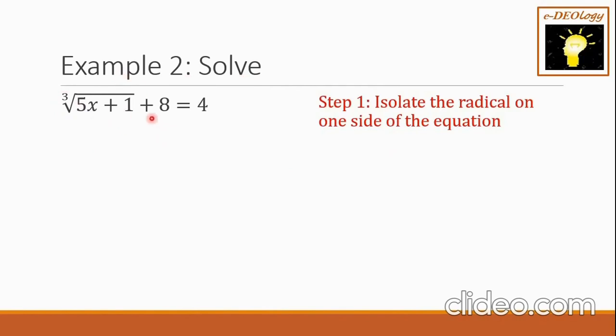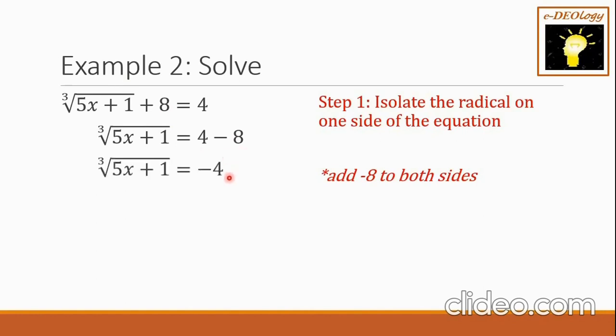We want this positive 8 to be out, so we're going to add negative 8 to both sides. In effect, the positive 8 on the left side of the equation will be deleted, and on the right side, the negative 8 is reflected. So let us simplify this into negative 4.